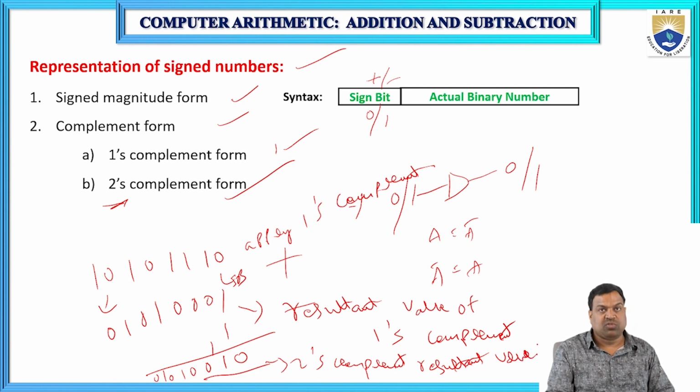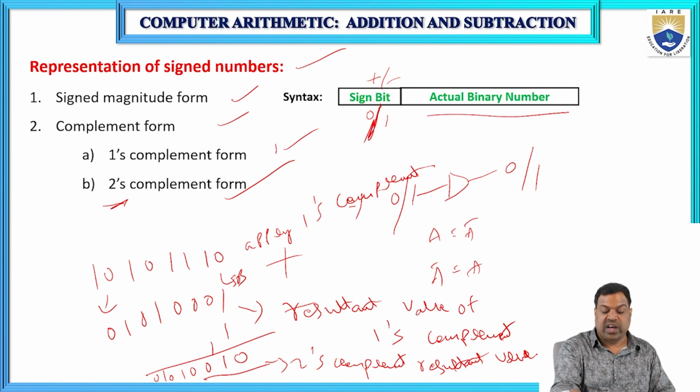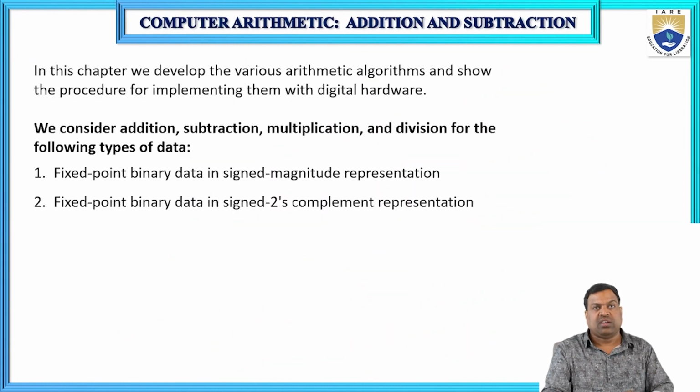So representation of signed numbers: signed magnitude means plus or minus represented with 0 or 1, followed by the magnitude, which is the actual binary number; and complementing means one's complement and two's complement. Here we discuss the various arithmetic algorithms and procedures for implementing them with digital hardware.